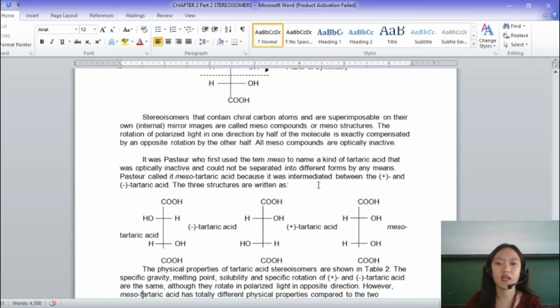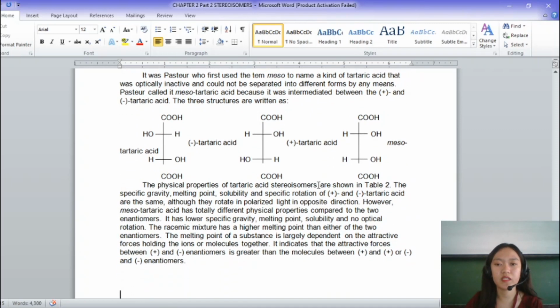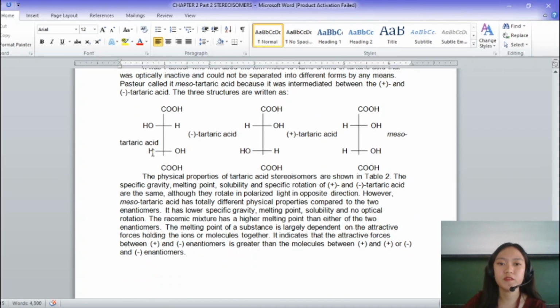Kaya hindi sila ma-separate. So, doon sa example kanina, you have one pair of enantiomers, negative tartaric acid and positive tartaric acid, and one mesocompound because your structures 3 and 4 are the same. It is the same compound.